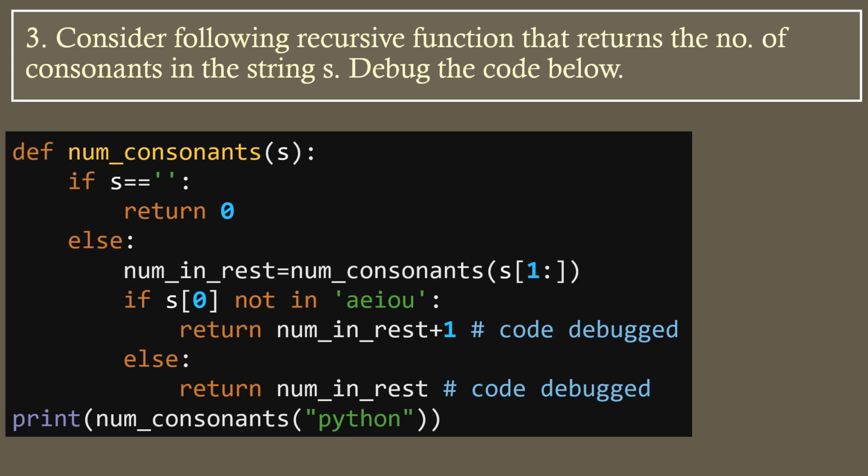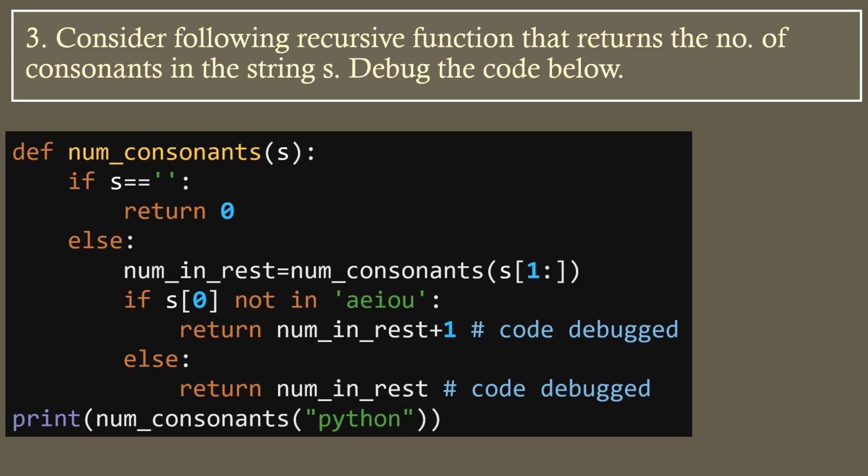Else, again the recursive call is made over here. num_consonants is called with a value s[1:]. That means here the string will have all the values excluding the character present at index 0, or the first character, and the returned value will be stored in a variable num_in_rest.